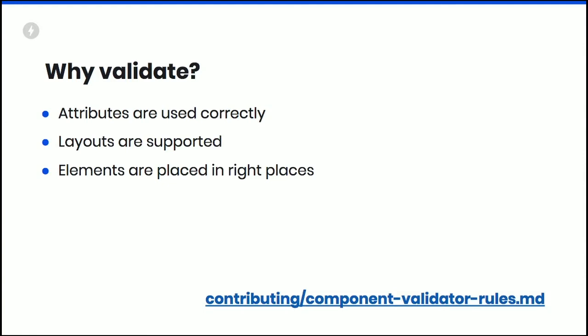It ensures that the pages that developers write are correct and well-formed. And it does so by asserting that attributes are used correctly in each component, that each component is using the supported layouts, as well as that the elements are placed in the right places as children or parents.